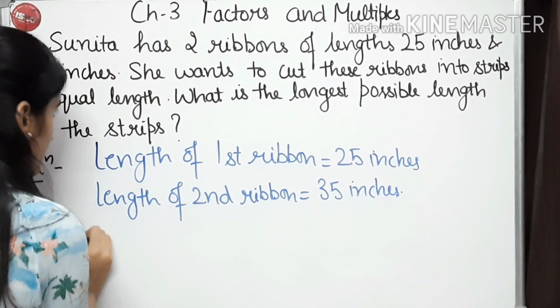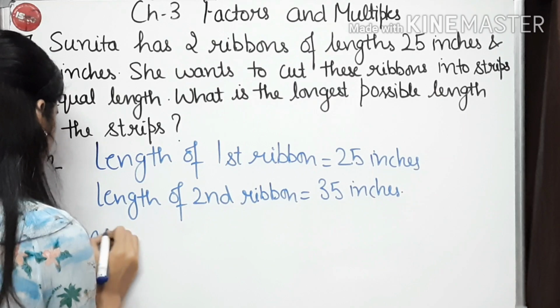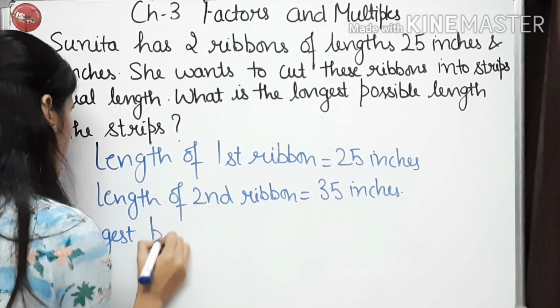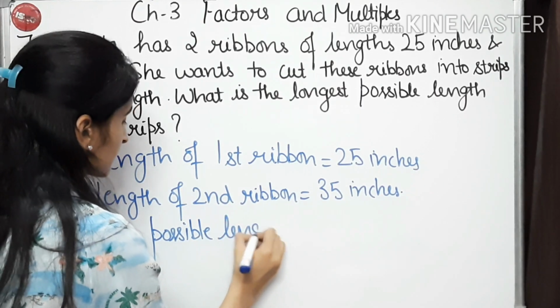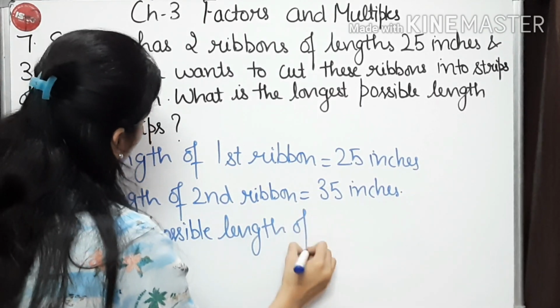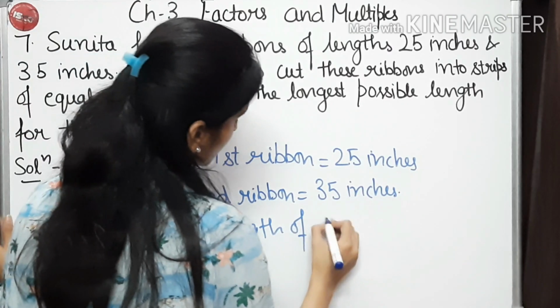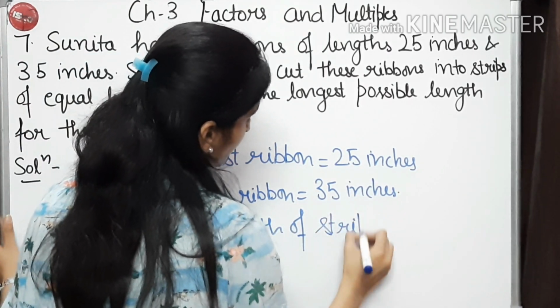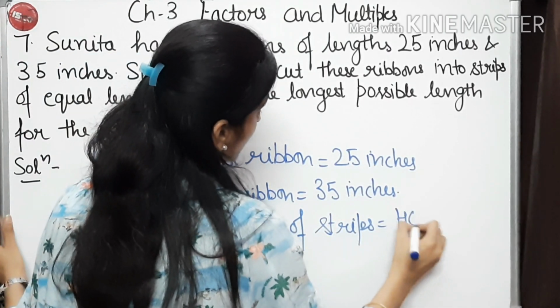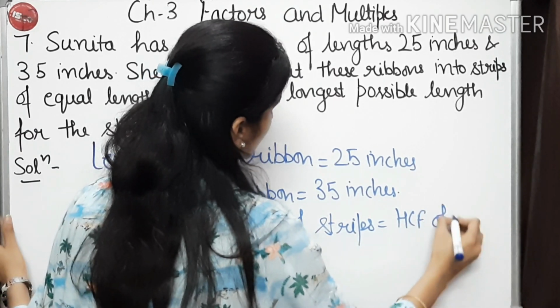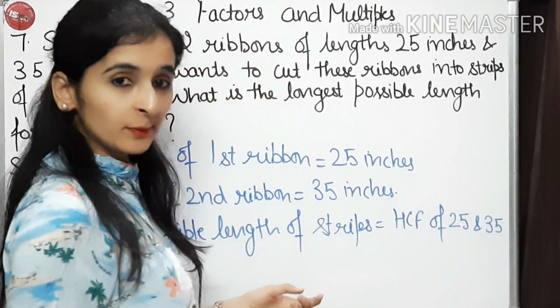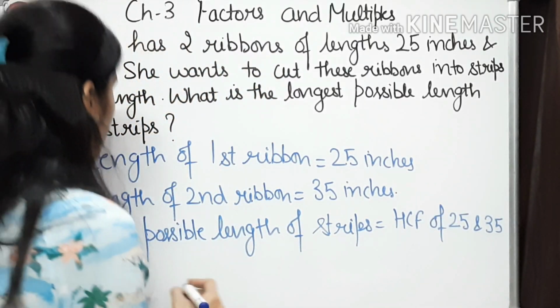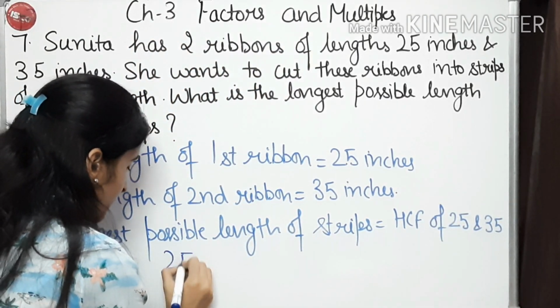So the longest possible length of strips will be equal to HCF of 25 and 35. So here I will take the common factor method.